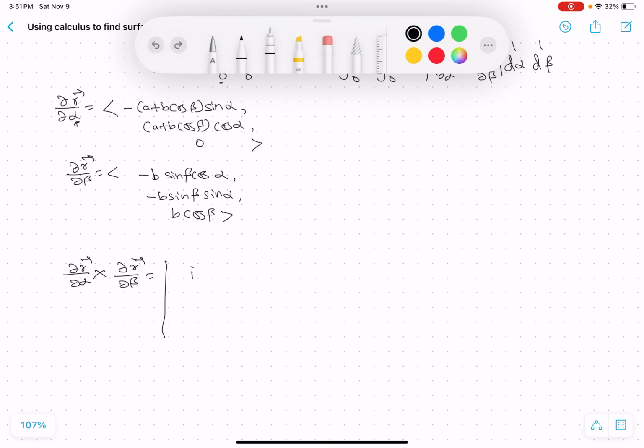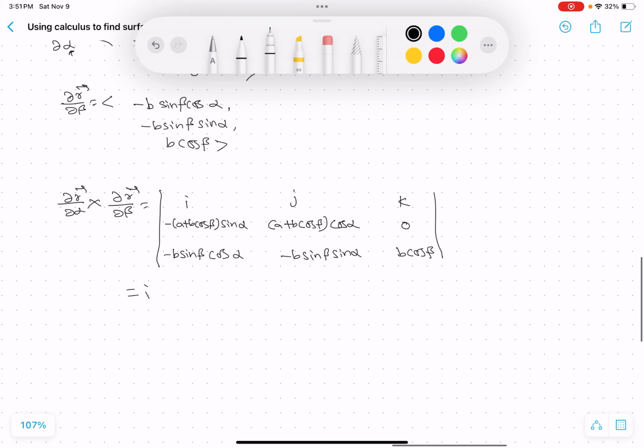Okay, minus a plus b cos beta sine alpha, a plus b cos beta cos alpha, 0, minus b sine beta cos alpha, minus b sine beta sine alpha, b cos beta. Let's evaluate the determinant. This idea of a cross product is also a prerequisite. I guess you all should know this, right?